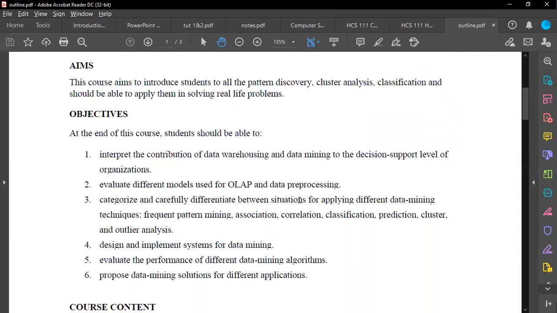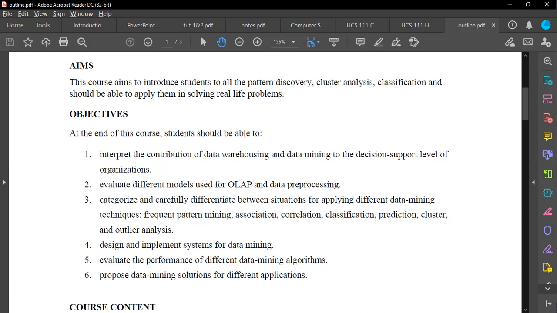So these are the main problems that we face in real life, that we need to discover patterns, cluster analysis, classification. I think on classification there are a lot of things that you need to learn about.